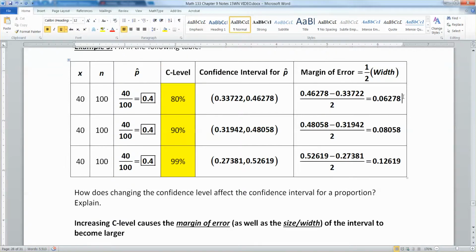See how these numbers right here are farther apart than the ones we started with? We went from 0.337 to 0.463 on the first one. And this one, we're going from 0.274 to 0.526. They're much farther apart.